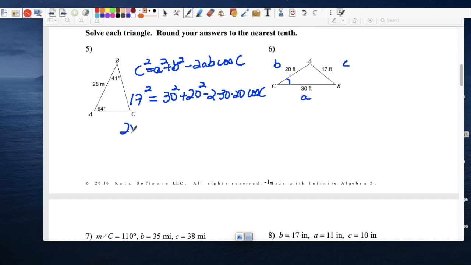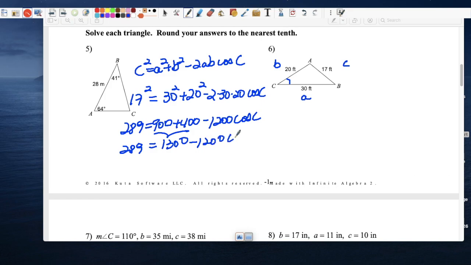289 equals 900 plus 400. What is that? 2 times 30 times 20, which is 1200. Cosine of C. This is 1300. We're going to subtract 1300 from both sides.